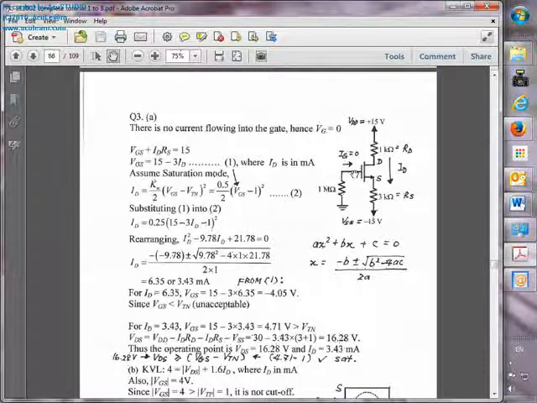As we know the voltage here is 0, VGS plus the voltage drop across this, which is VGS plus ID times RS, is equal to 15. We can rewrite the equation to be this, where RS is 3K and ID is in milliamp.